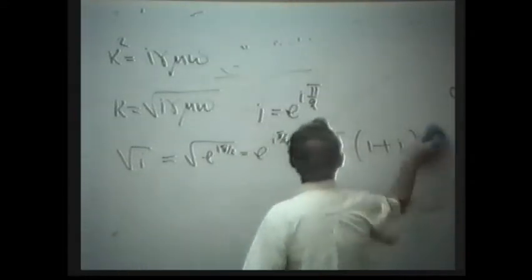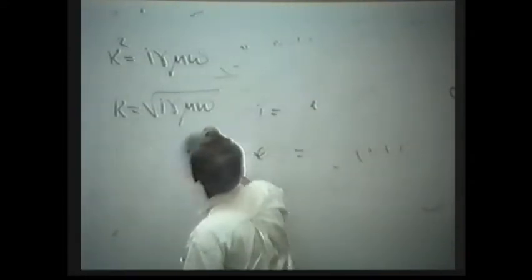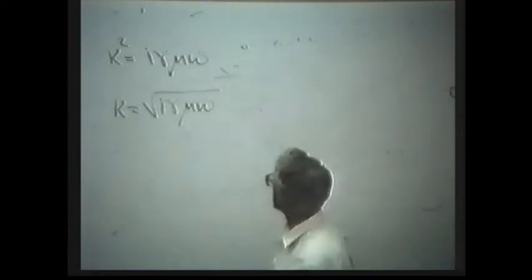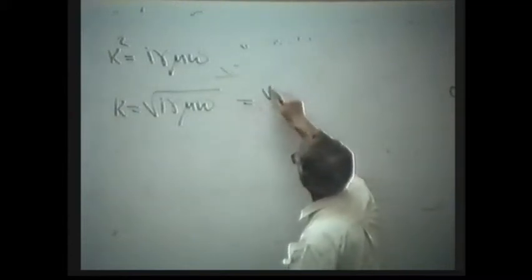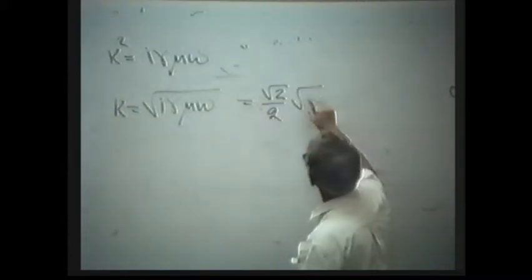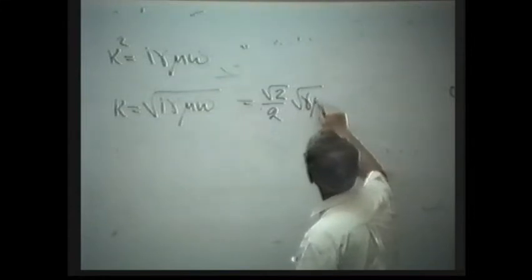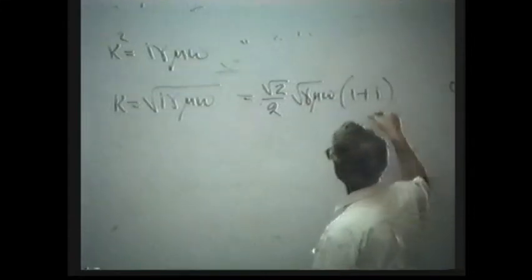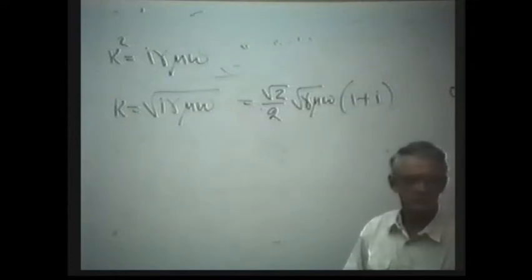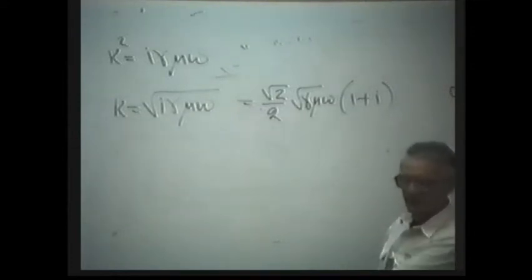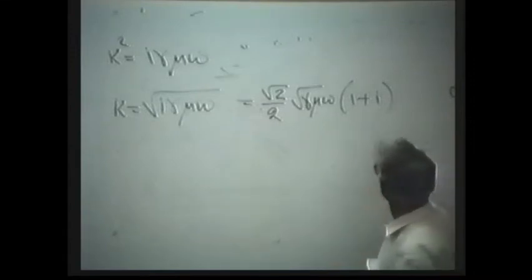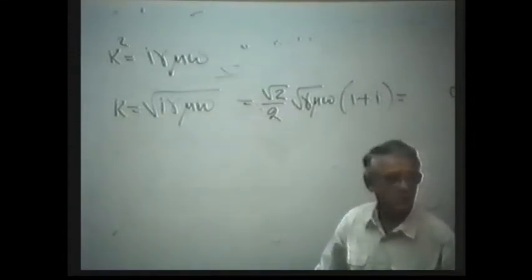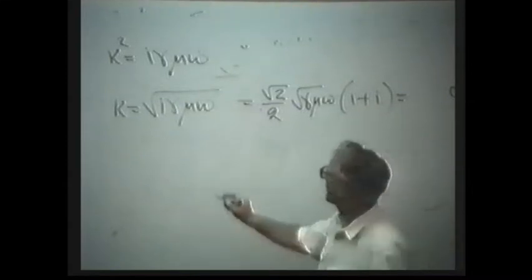So let me rewrite this wave number. We need it. I did it specially because too often we use it. So can we write, with your permission, k equals square root of 2 times square root of gamma mu omega, times 1 plus i. Is that correct? I blindly wrote everything. So is something wrong? No. Very good.